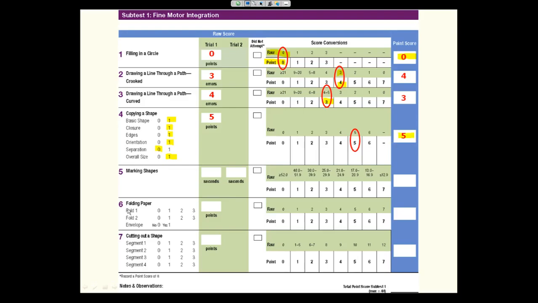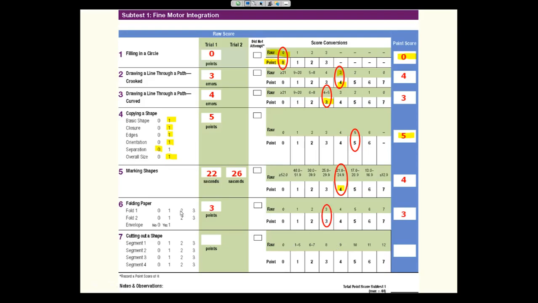In terms of marking shapes, she was able to mark shapes on the first trial in 22 seconds, and the second trial in 26 seconds. So 22 seconds corresponds to a point score of 4. When we're looking at folding paper, she was able to earn 3 points total.